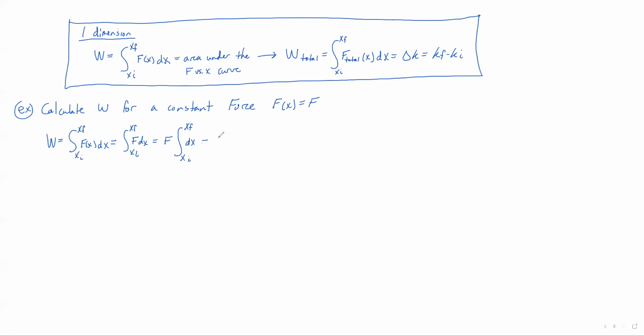And we know the integral of dx is just x, right? So it's F times x evaluated from xi to xf. That's F times (xf minus xi), which is just F delta x. And there's your answer. Cool the way that works, right? The work is equal to F delta x for this example of a constant force.